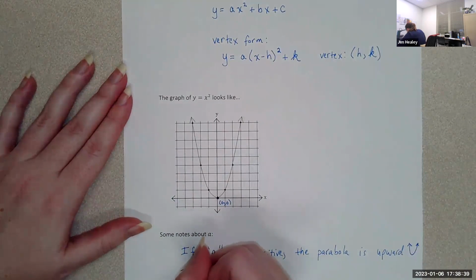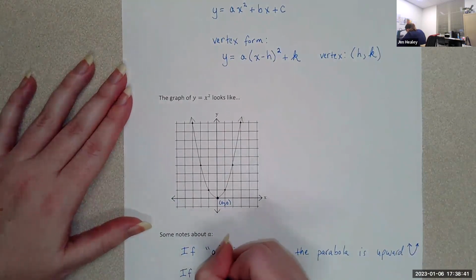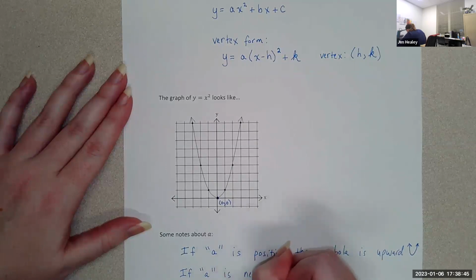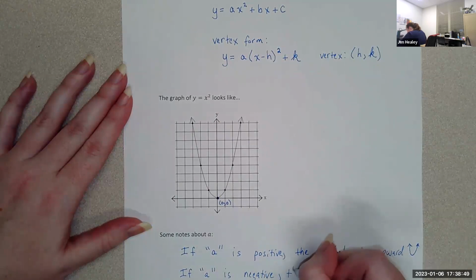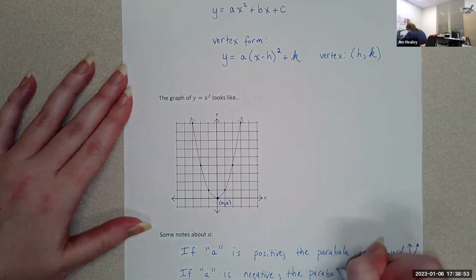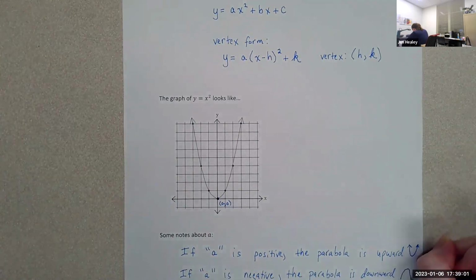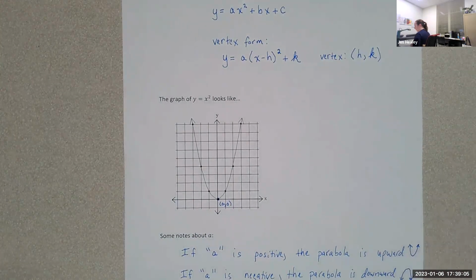And if the A value is negative, the parabola is downward, meaning that it flips upside down. And now the vertex is a maximum point.